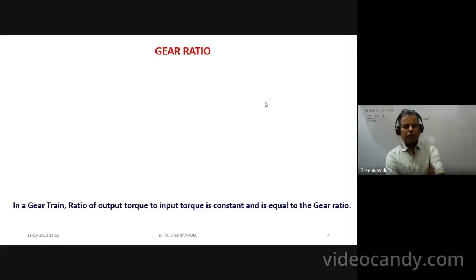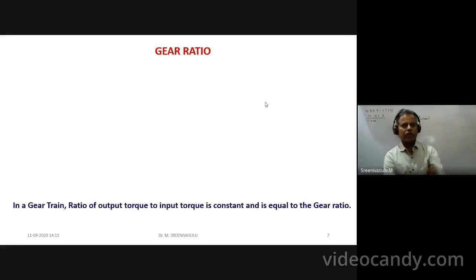The major important point with respect to the gear train is that the ratio of output torque to input torque is constant and is equal to the gear ratio. So the importance of gear ratio we are able to see here, because with the same ratio even the torques are getting transmitted through them.